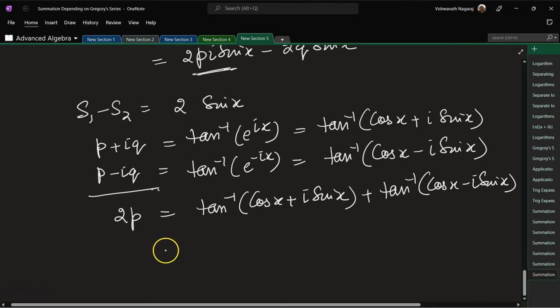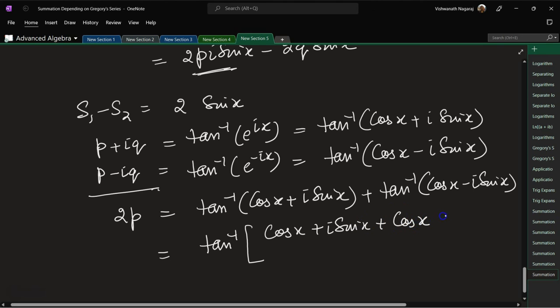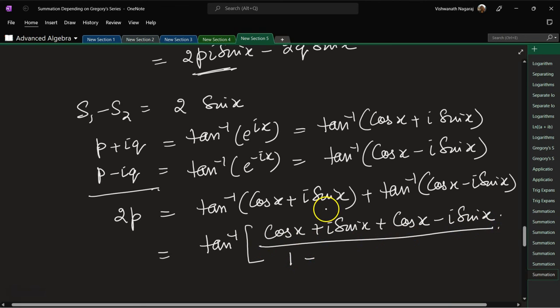Now tan inverse of A plus tan inverse of B will be tan inverse of A plus B divided by 1 minus A times B. A plus B is cos x plus i sine x plus cos x minus i sine x. And A times B is this times this, so A plus B times A minus B, so A square minus B square.